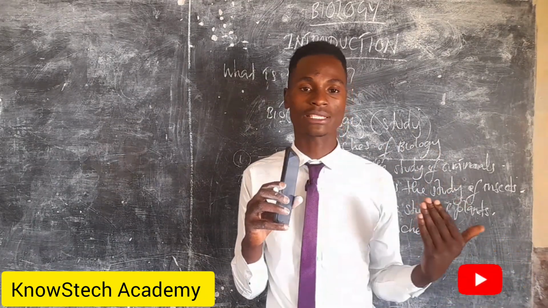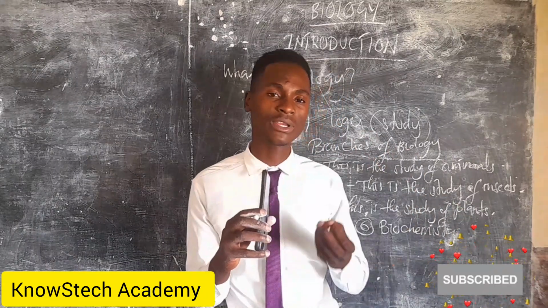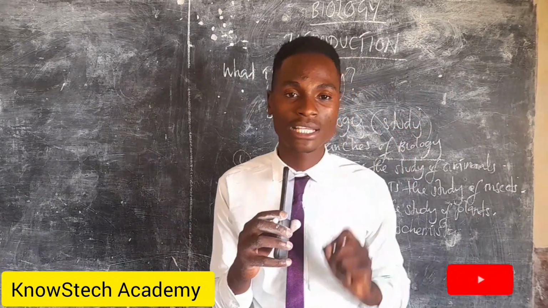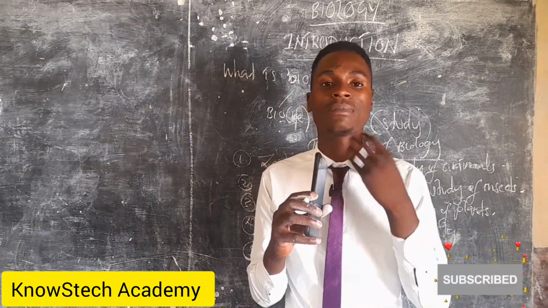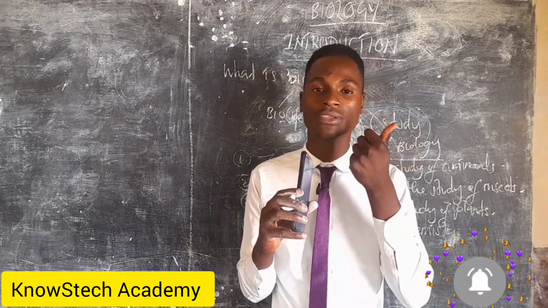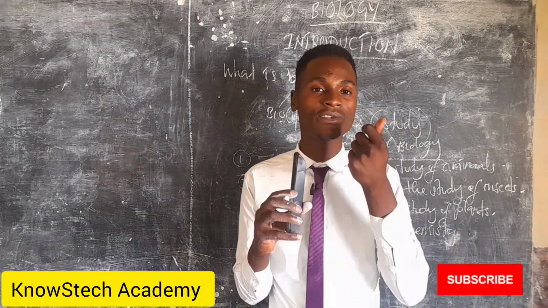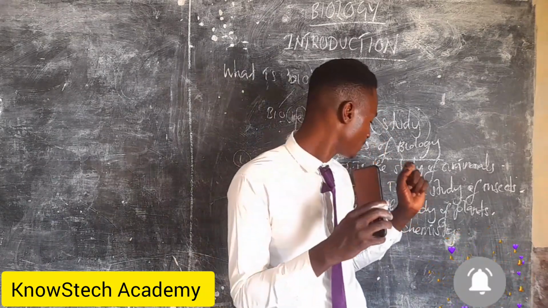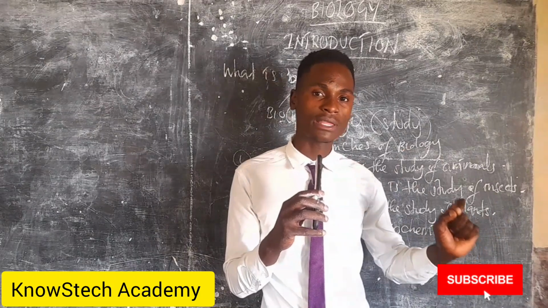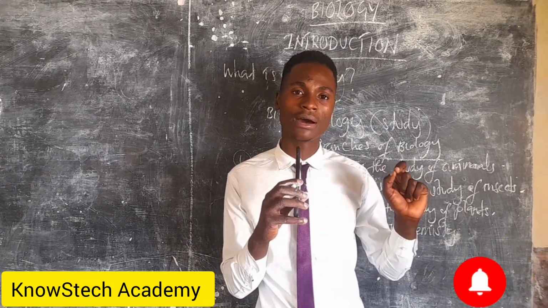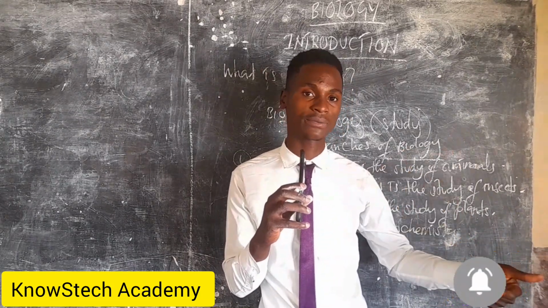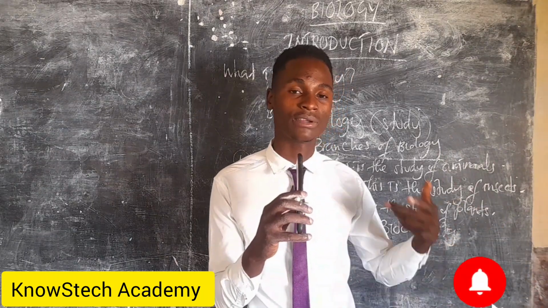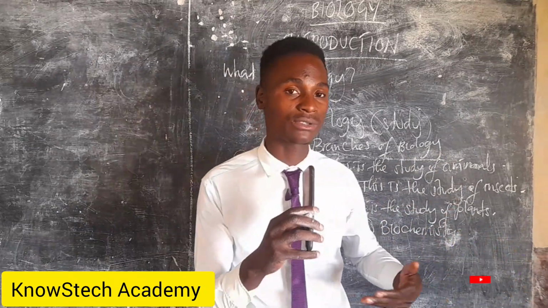For example, when you eat something, there is digestion that takes place. There is physical digestion first, which takes place in the mouth by the use of teeth, which is just physical or mechanical digestion. Then there is what we call chemical digestion. This is the type of digestion where enzymes and other chemicals such as hydrochloric acid in the stomach are used.